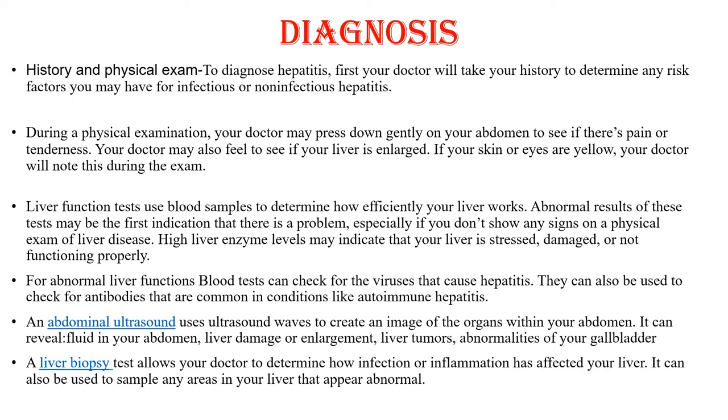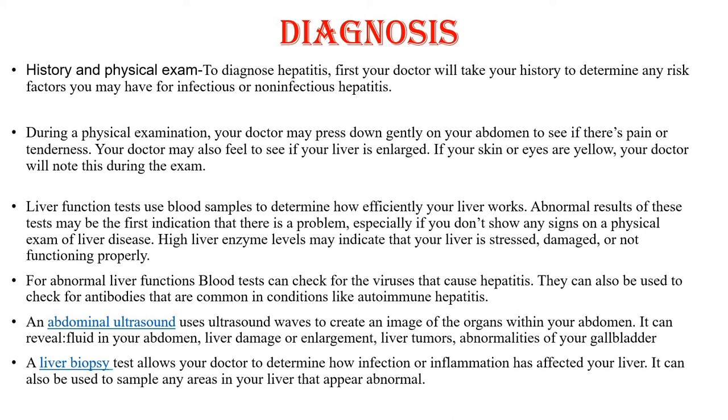High liver enzyme levels may indicate that your liver is stressed, damaged, or not functioning properly. For abnormal liver function, blood tests can check for the viruses that cause hepatitis. They can also be used to check for antibodies that are common in conditions like autoimmune hepatitis.